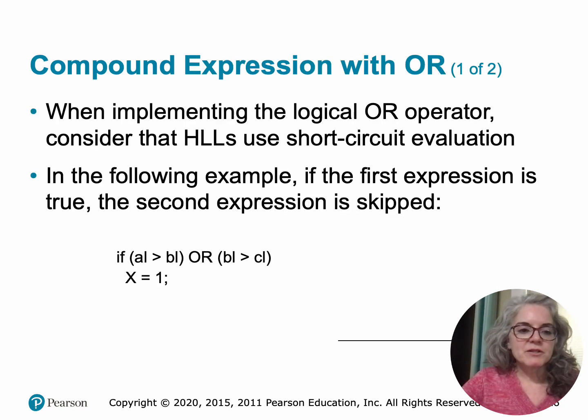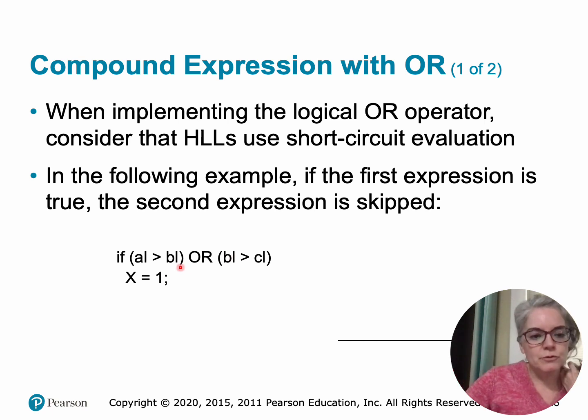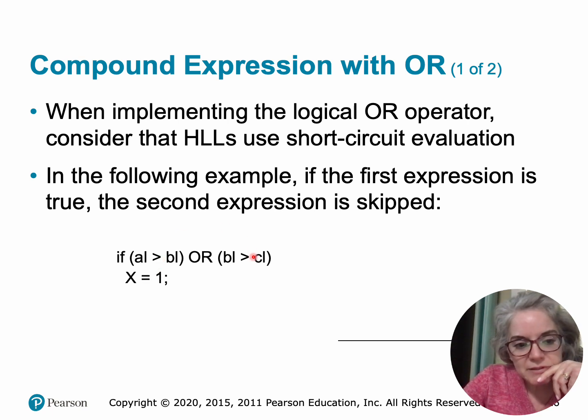Here's a compound expression with OR. So with OR, if this is true, we don't have to look at the second expression. Automatically, this OR statement is all true. So if the first expression is true, we assign 1 to X. If the first expression is false, then we do have to look at the second expression and check to see if it's true.